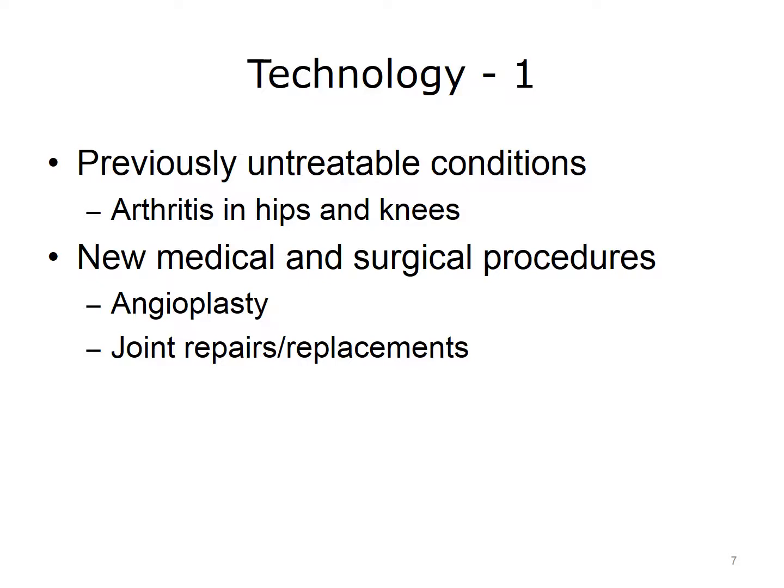Previously untreatable conditions, along with new medical and surgical procedures, have permitted individuals to survive conditions that, if not fatal, were debilitating. For example, arthritis in hips and knees, which created mobility issues for people, can now be treated with hip and knee replacements that allow individuals to continue an active lifestyle for many years.